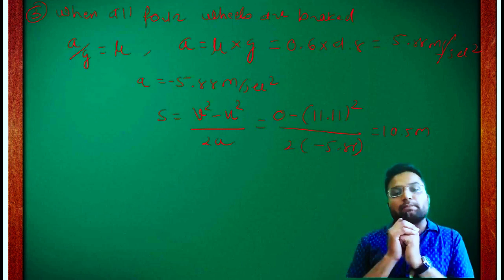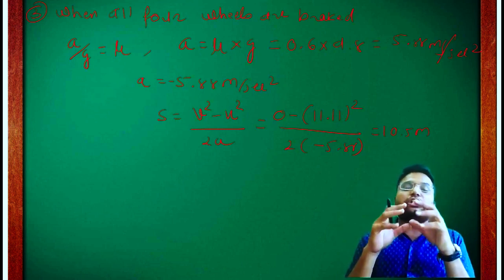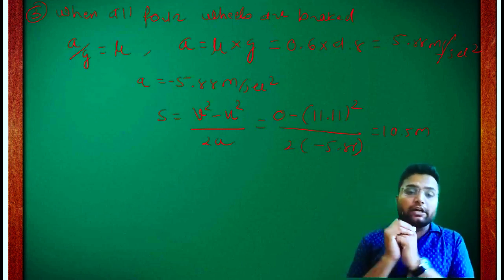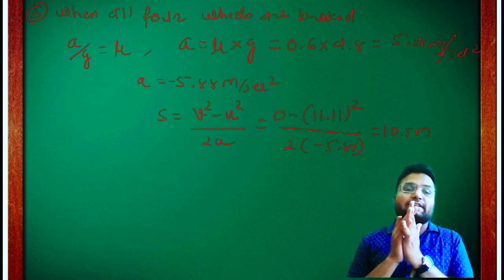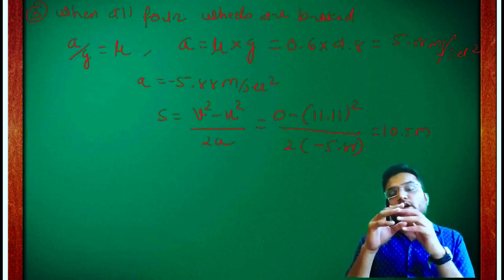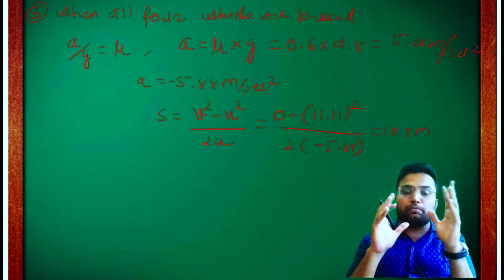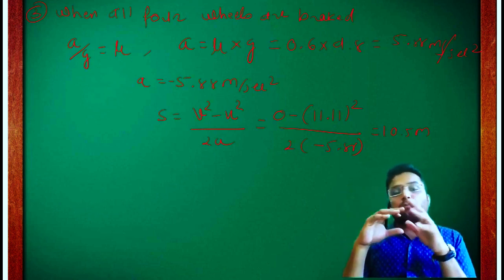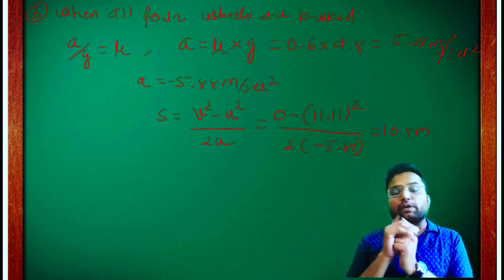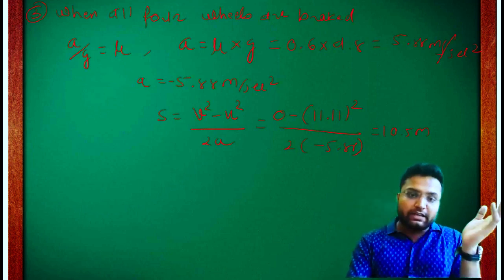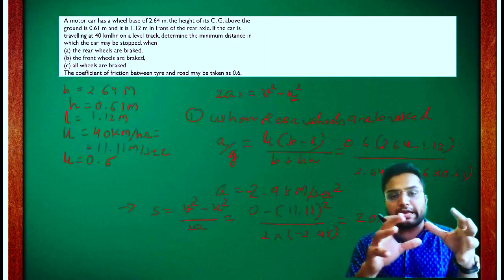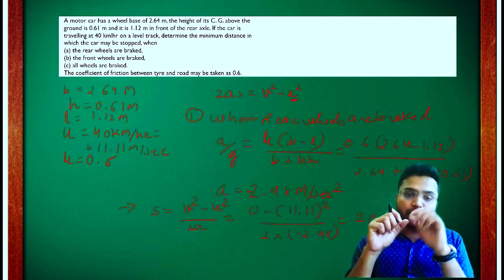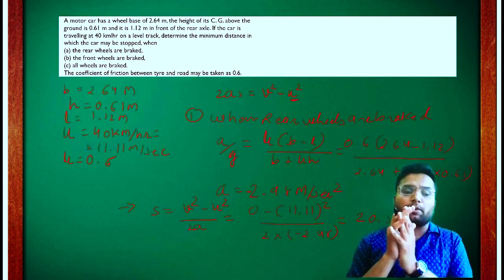This example will be in your GTU and MSc exam for sure. This is the most important example. The probability of having this example is almost more than 50% from this chapter.